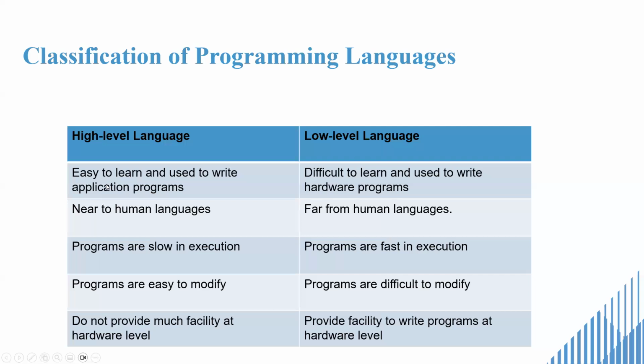And you do not deal much with hardware-level details, so you just go with the program, not with the machine, like binary. All the code will be converted by computers into binary, and then it will execute your program. But in low level language, it's difficult to learn and to use for writing hardware programs.